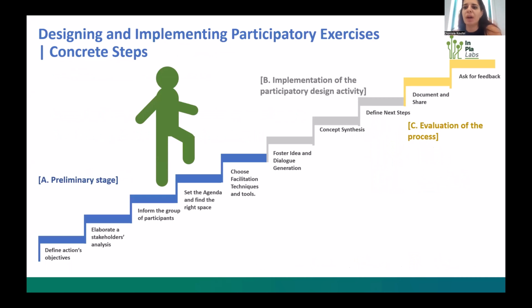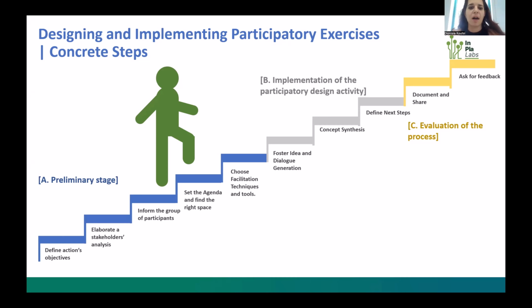So, a participatory planning method requires a planning process from the very beginning. It's divided in three phases. First of all, we start with the preliminary stage, where we should define the specific objective of this participatory exercise.